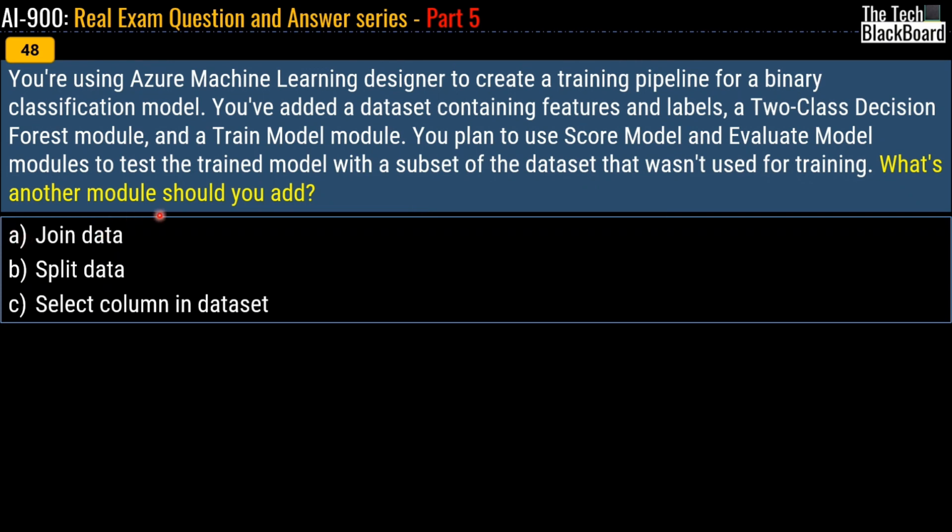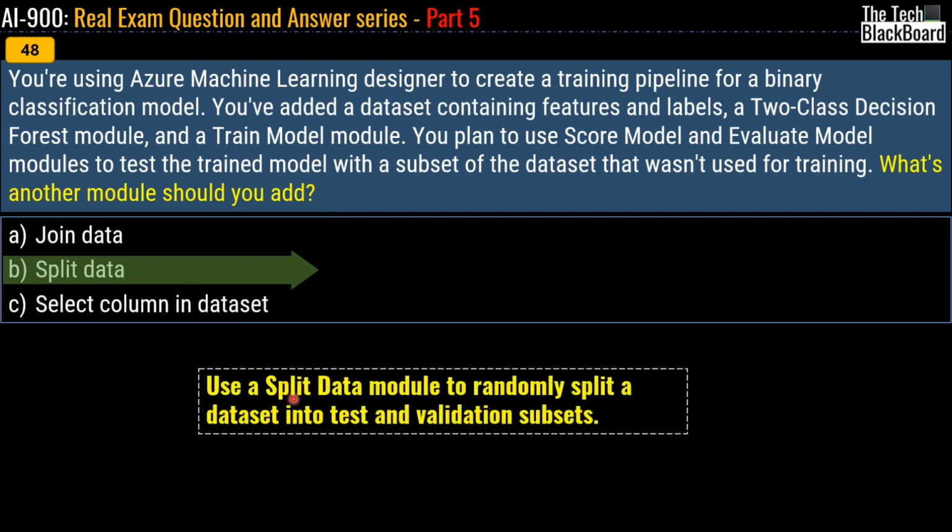What other module should you add? Your options are join data, split data, select columns in dataset. The correct answer for this question is option B, split data. The reason is that you should always use the split data module to randomly split a dataset into training and validation subsets.